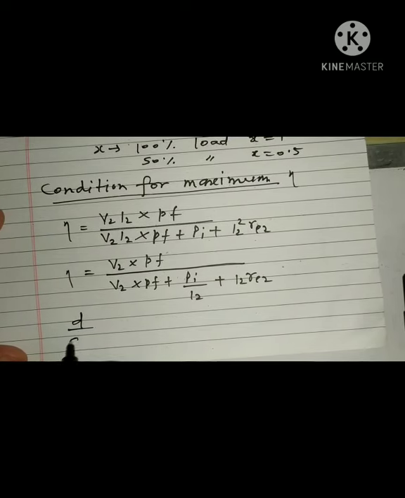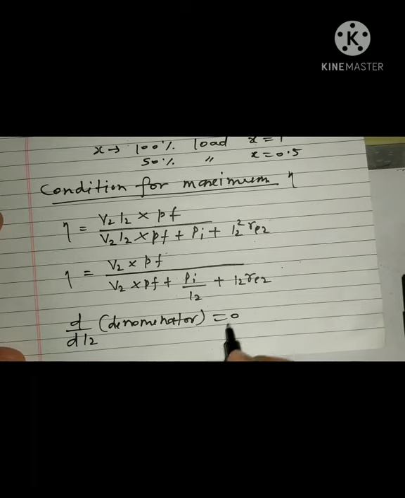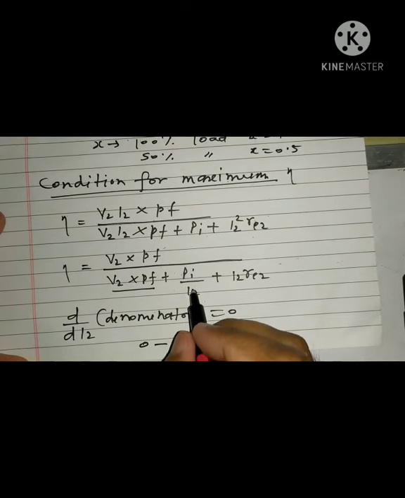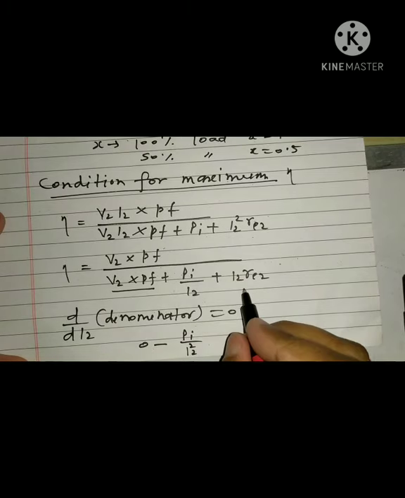So d by dI2 of denominator equal to 0. So if I differentiate, differentiation of this will be 0. d by dI2 of 1 by I2 will be minus 1 by I2 square. So minus Pi by I2 square.